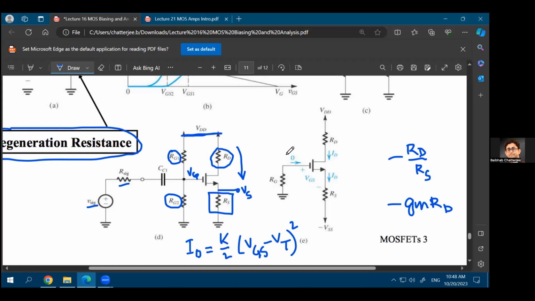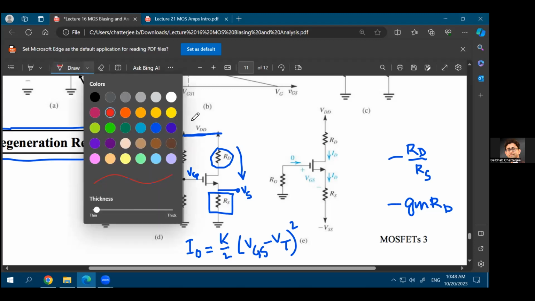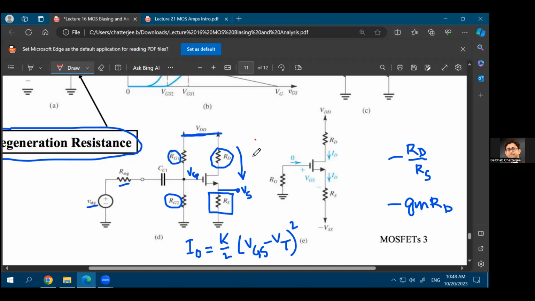The threshold voltage or even the gm of the transistor could be different from MOSFET to MOSFET. So because of those process variations or temperature fluctuations, let's assume that this current changes a little bit. And let's assume initially that this current increases. Whatever current was flowing through this branch, that current increases.